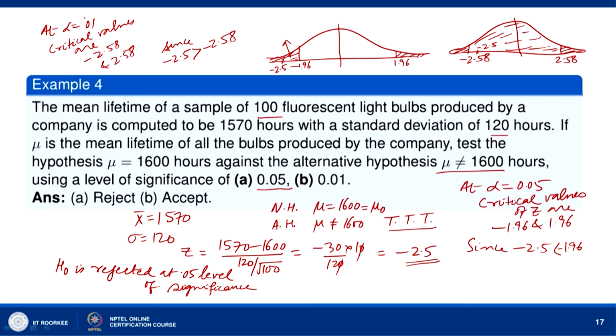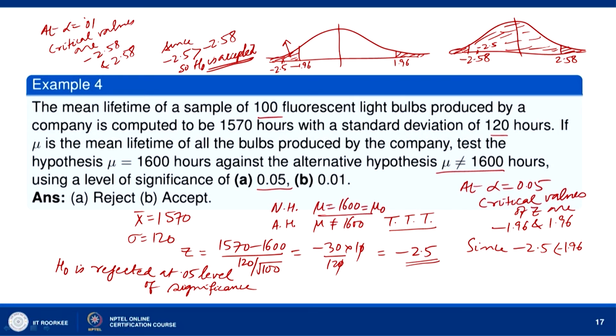So, since minus 2.5 is more than minus 2.58, it follows that we are in the region of acceptance of the null hypothesis. So, H naught is accepted, and so the alternative hypothesis is rejected.